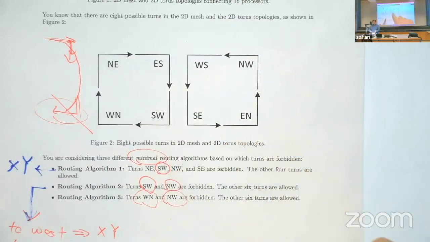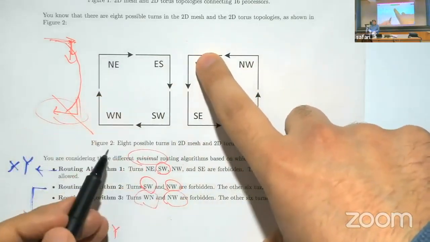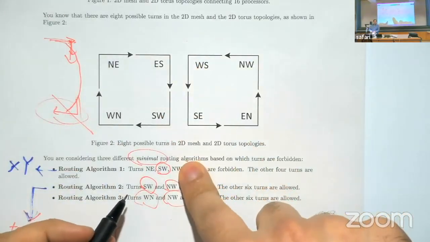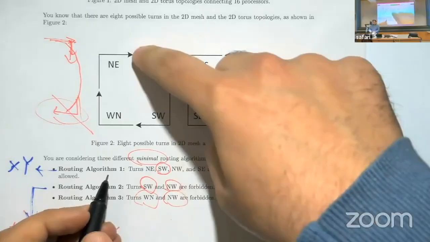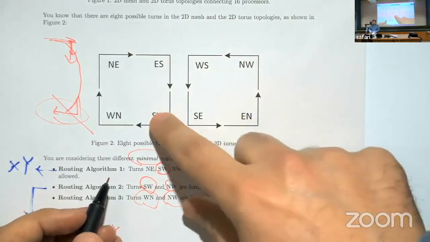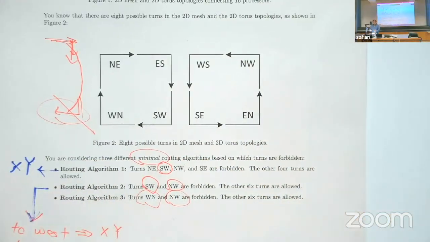So here, in the clockwise direction, we can have the rightmost edge, right? Because both east-south and south-west are allowed. So we can have that.